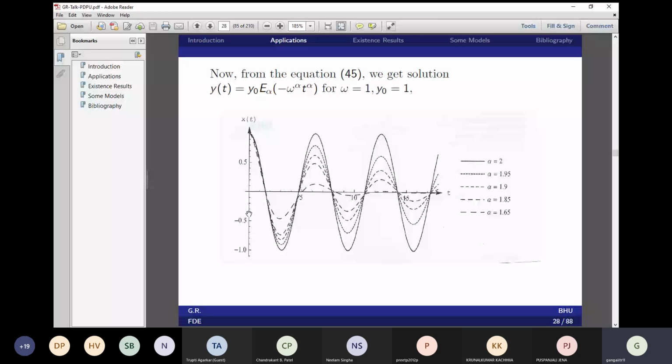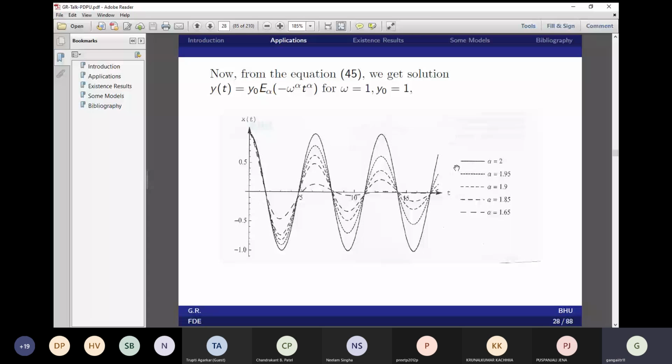From this diagram you can see that when alpha is decreased, the oscillations of the bob decrease, and when alpha tends to the order of 2, then the oscillation becomes constant, meaning the amplitude may be constant, same position.